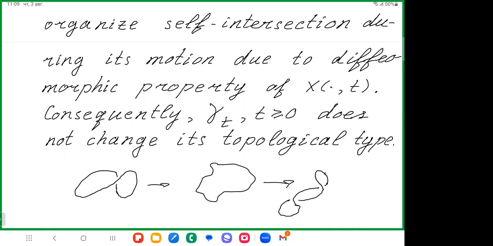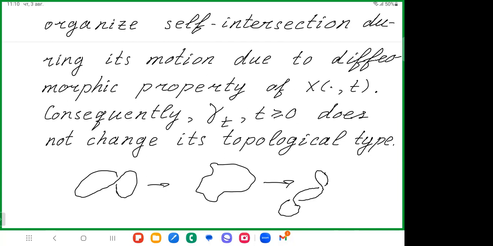So if we want to have a good model of a moving curve, we have to overcome this difficulty. Why? Because in nature, especially in polymer producing, we have the possibility for a random curve to change its type.